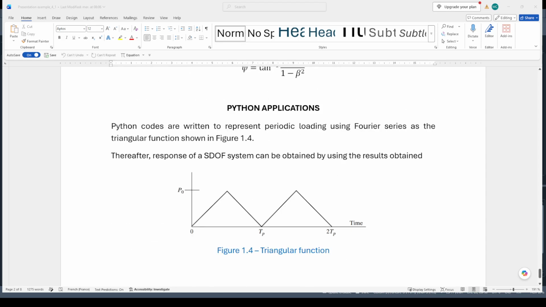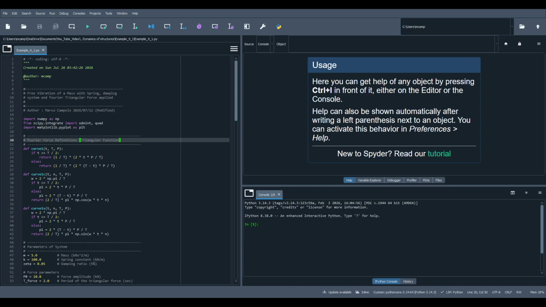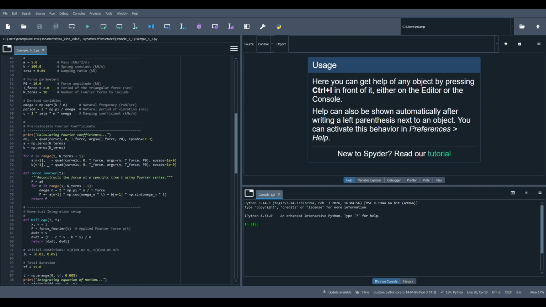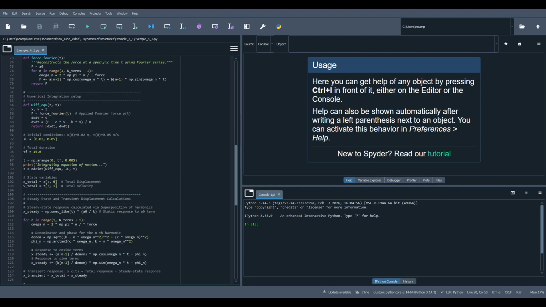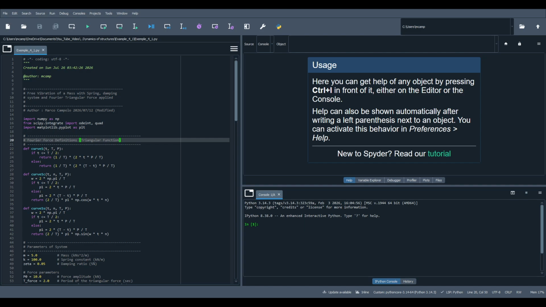Now we can represent the equation of motion using Python code with the Fourier series. We can see the Python code to represent this case of the application of a triangular periodic load.